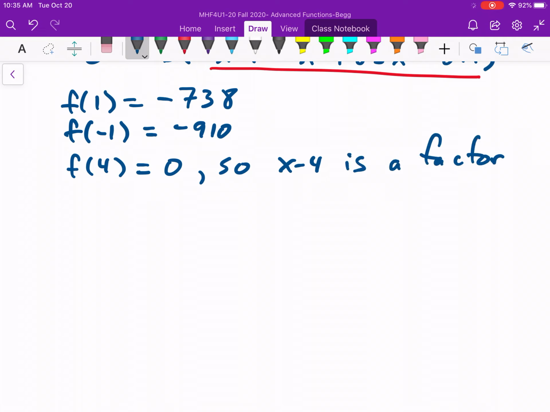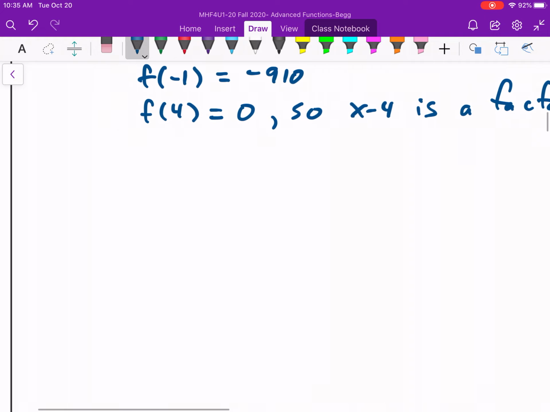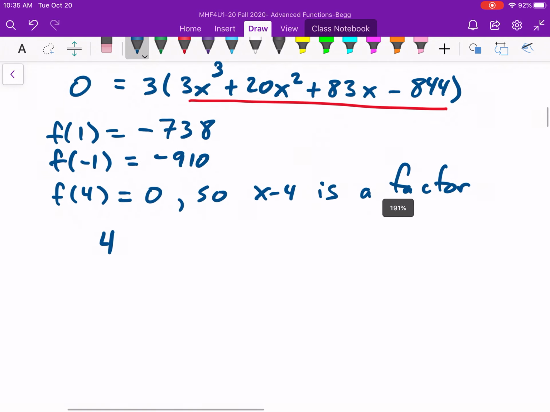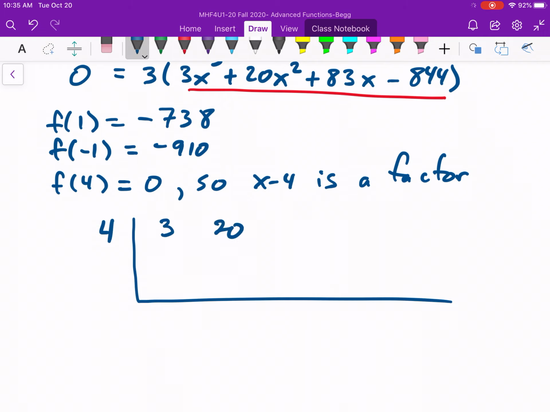And then we can go to work with our solving, our dividing. So using synthetic division, which is totally legitimate because I'm using a linear divisor, I would have 4, and I would use my coefficients of 3, 20, 83, and negative 844.